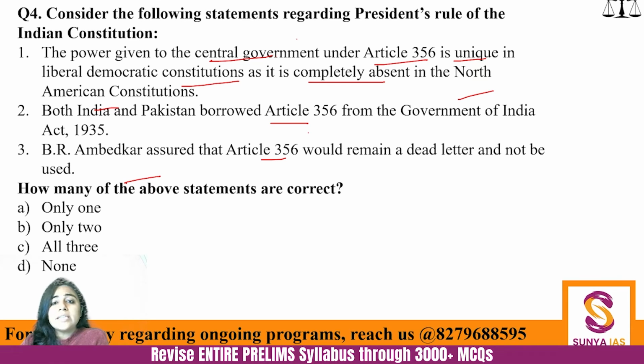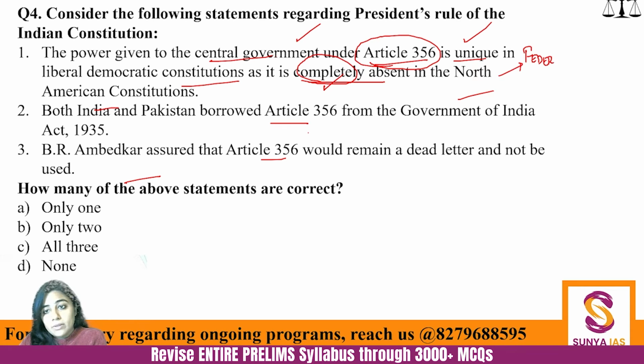The power given to the central government under Article 356 is unique in liberal democratic constitutions, and it is completely absent elsewhere. Now, the word completely can confuse you, but it is actually correct. How can you arrive here? Because North American constitutions are completely federal constitutions, right? The American constitution is completely federal, and that is why there is no point of having a president's rule, or more than a president's rule, it's a governor's rule actually.